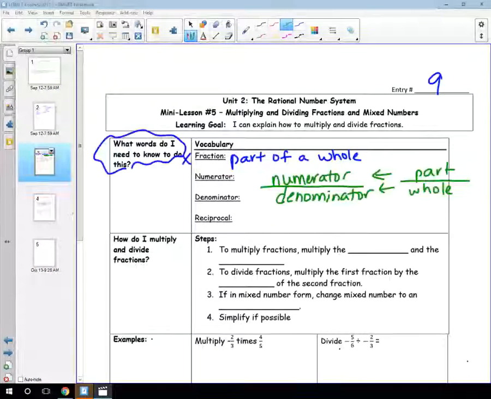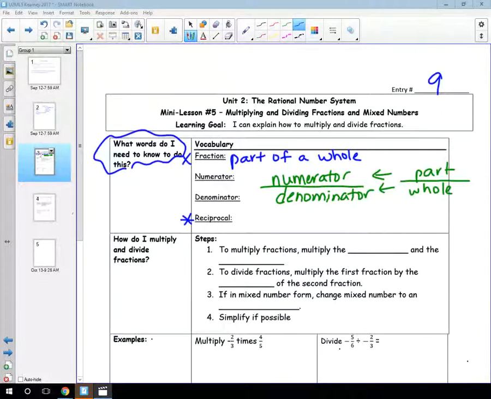Another key vocabulary word you're going to need to know for today is reciprocal. Does anyone remember what reciprocal means? The reciprocal is the inverse of a number.